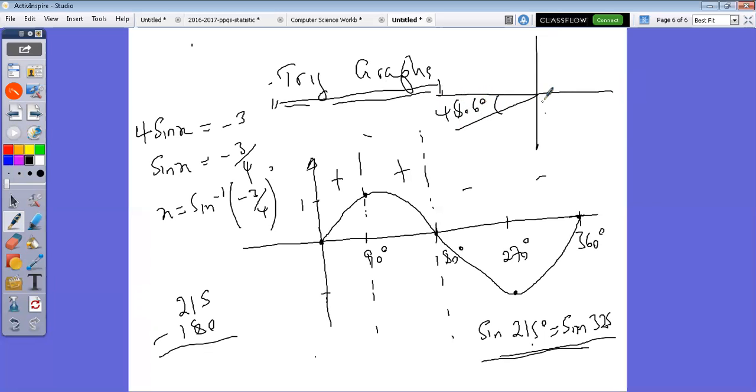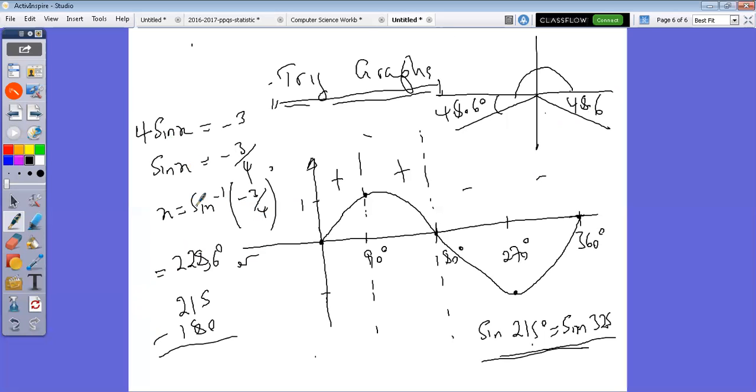Then the first angle within the range of 0 to 360 will be 180 plus 48.6, which is 228.6 degrees, or 360 minus that. Clear now?